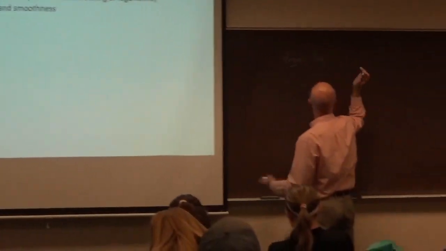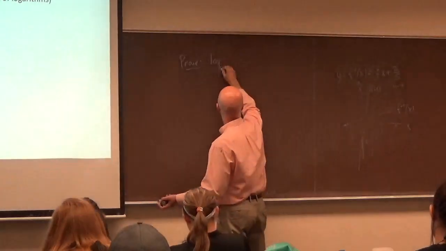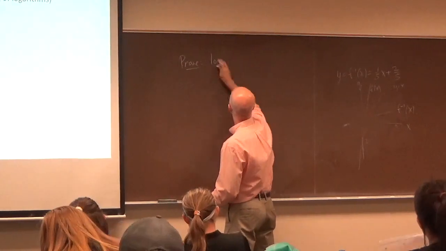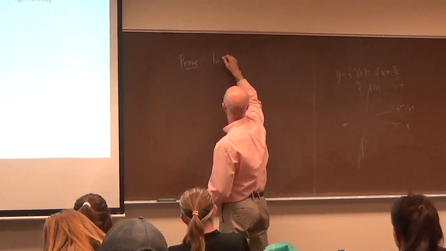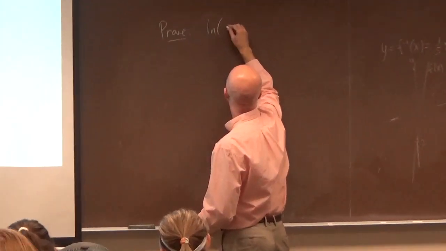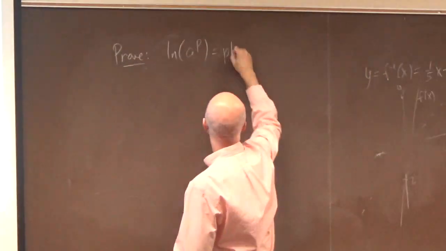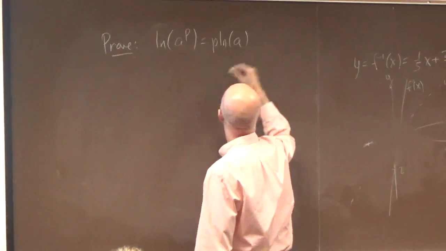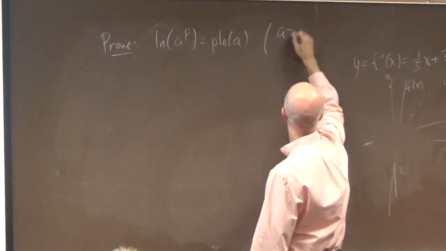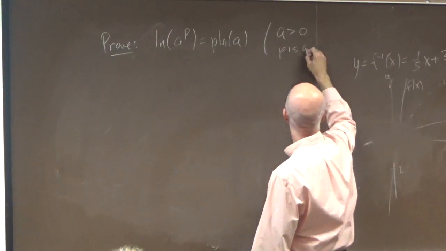Log base, let's pick a particular base. Let's say log base 10. Let's do log base e. Let's do natural log of a to the p equals p natural log of a. A is positive, p is any number.